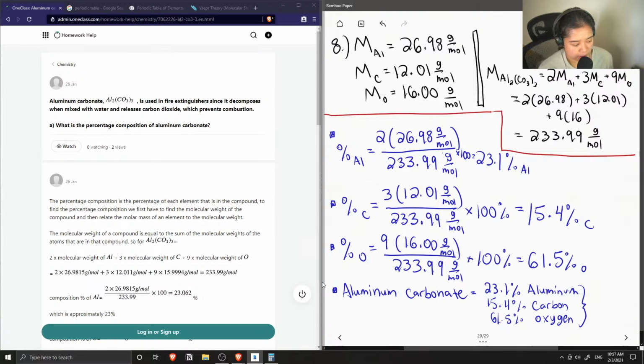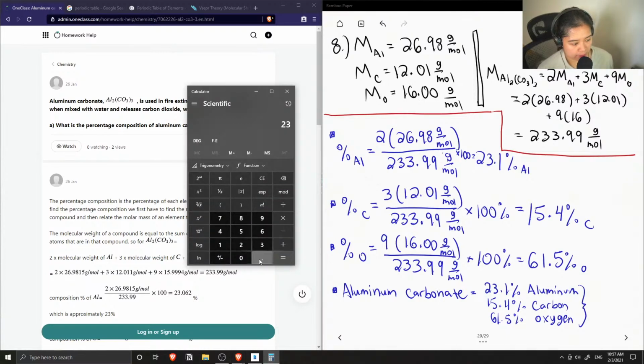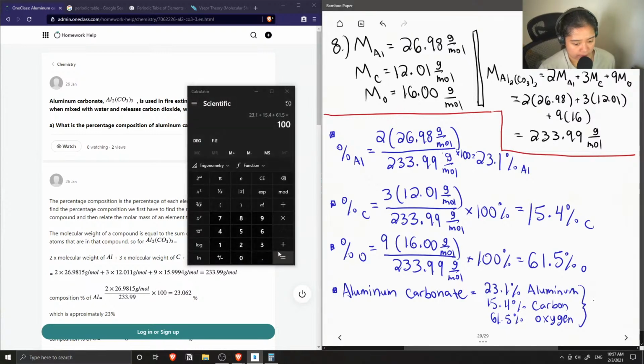So let's double check to see if we did it correctly by adding up all these percentages. And we get 100%, which is good.